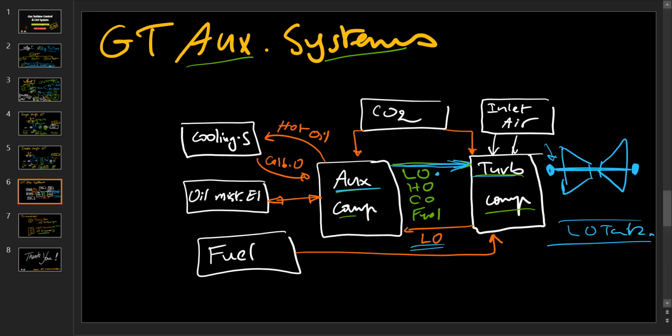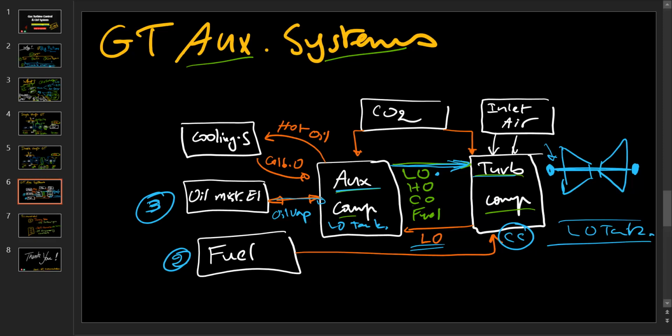Fuel is being fed from the fuel gas system into the turbine, into the combustion chambers. We have what we call an oil mist eliminator, which gets the oil vapors and liquefies the oil, and the oil is returned back to the lube oil tank.